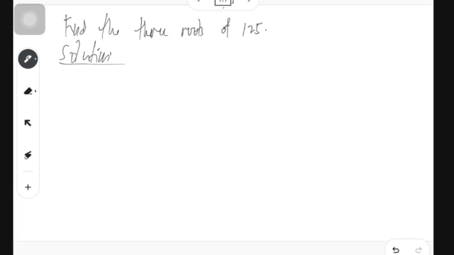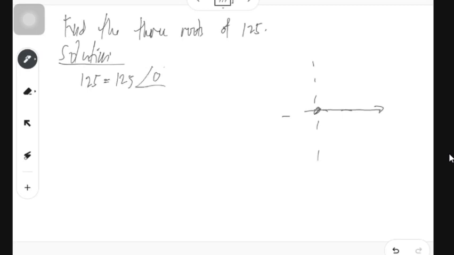So, like this. When we plot the 125 on the Cartesian coordinate, here is 125. You have no imaginary part. It's only a real part. That is 125. Representing this as a vector or a complex quantity, it can be rewritten as 125 angle of 0.